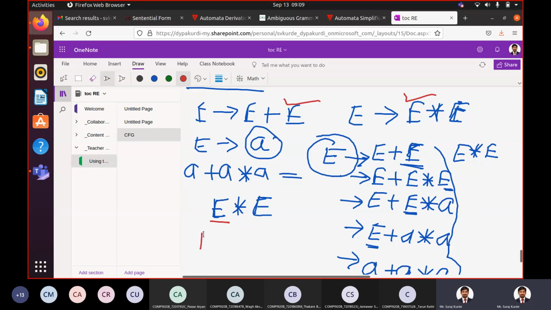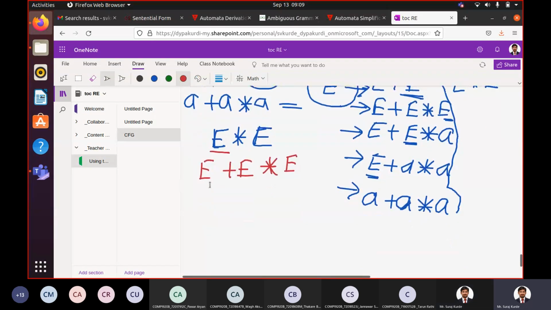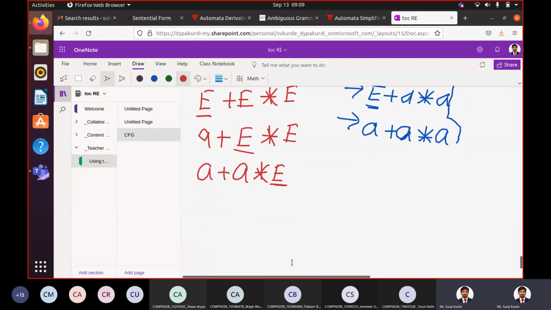I can replace this E with E plus E into E. Again, replace this E, a plus E into E. Replace E, a plus a into E. Replace this rightmost E, a plus a into a.